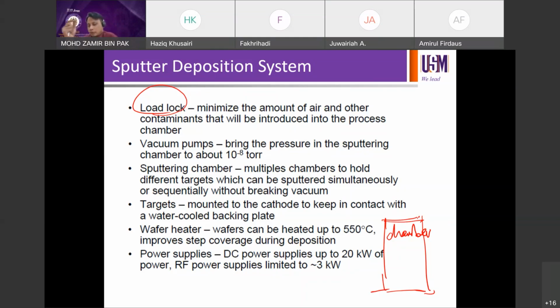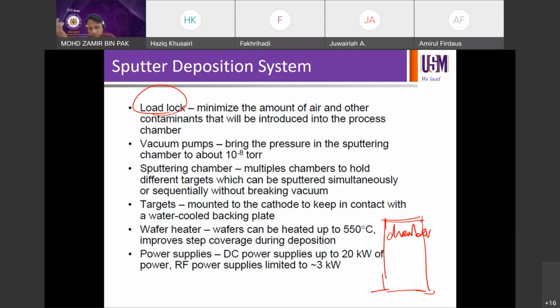So when you open the door, the front door, to be able to bring in your samples, the moment you open it, the chamber will be exposed to the atmosphere.